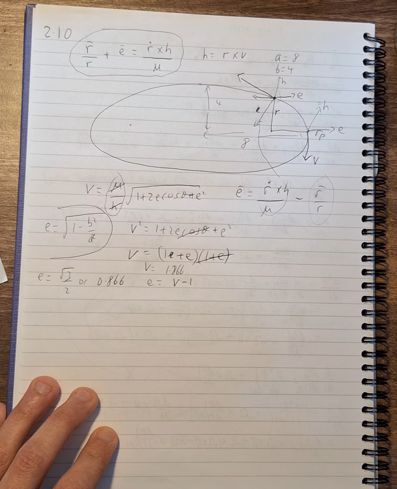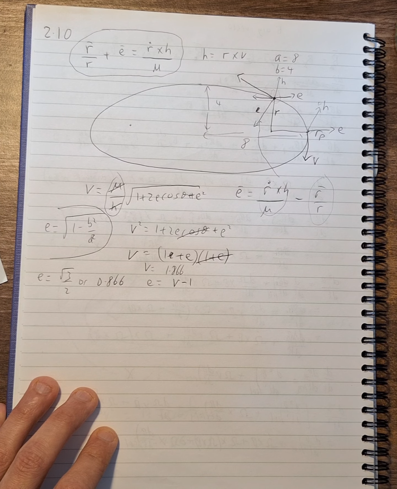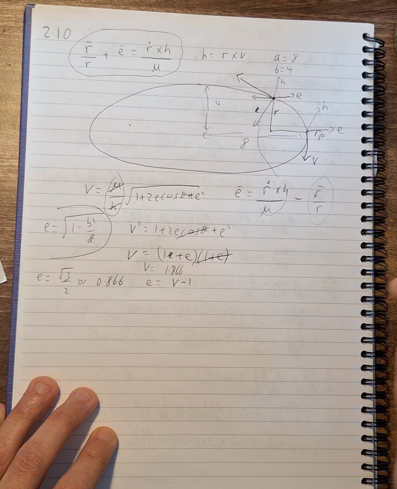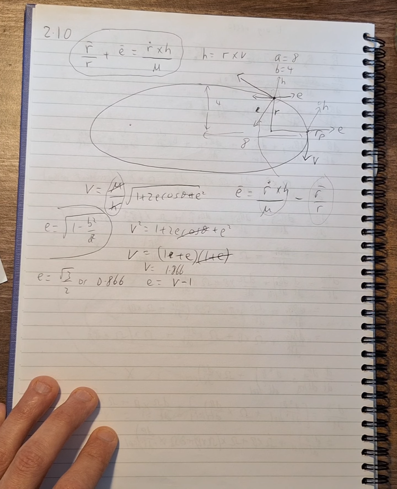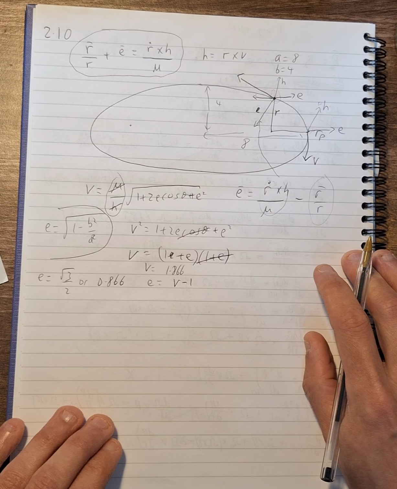And then if you want to get the true anomaly, you just have to rearrange one of the equations to get the angle.